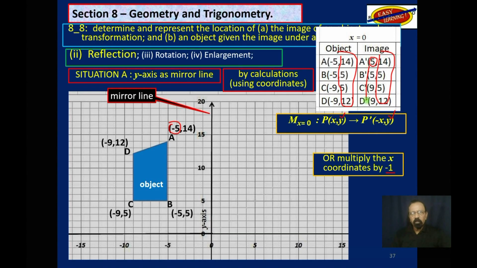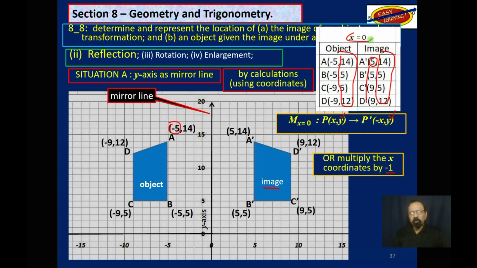All of these, you have to multiply them by -1. And so we have those coordinates. Let's plot them and draw in the image. Now, this is what happens whenever x is equal to 0, that is to say, the mirror line is y.